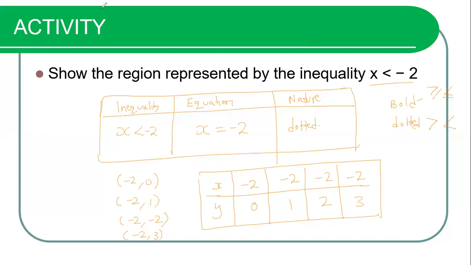What about if the y has its coefficients? We are going to look at how we plot those lines.